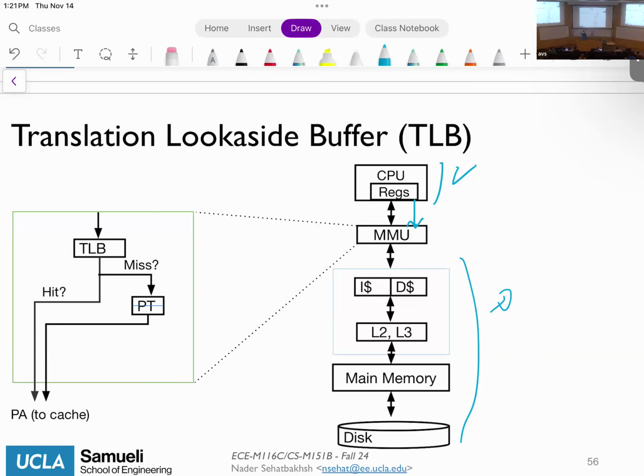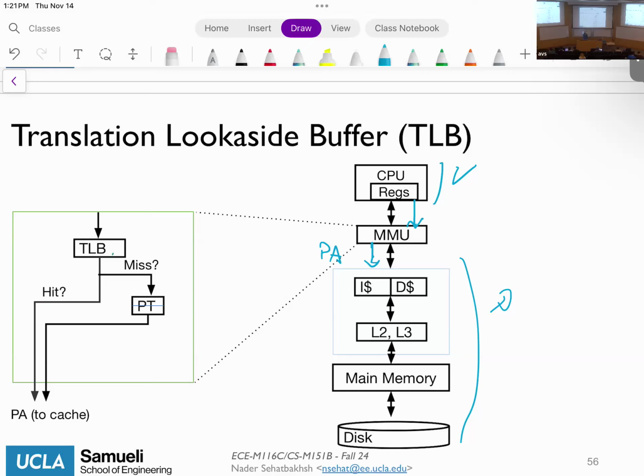So it can be any offset within that VPN, still fine. I check the VPN and see if I have the corresponding PPN for it. If I do, then essentially I already have my PA. For the rest of the analysis, I can just take that PA and move forward. So all I'm adding to my access is one cycle of searching through that small table, okay?